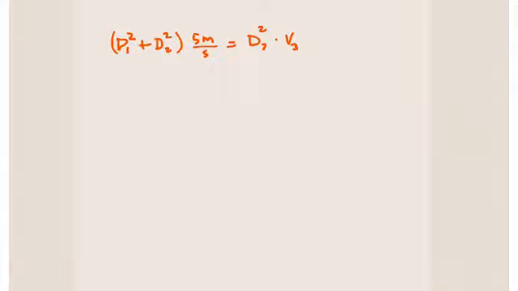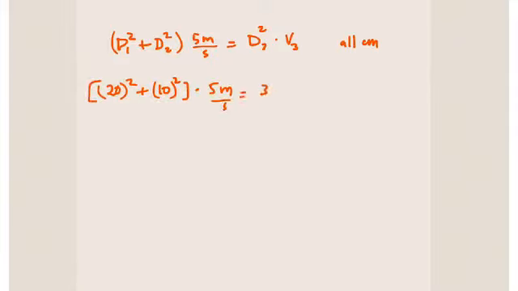Once again, we could convert this to meters, but if we use all centimeters for the d's, then those centimeters will cancel. So d1 is 20 squared plus 10 squared, times 5 meters per second, equals 30 squared times v3. Again, we're searching for v3.